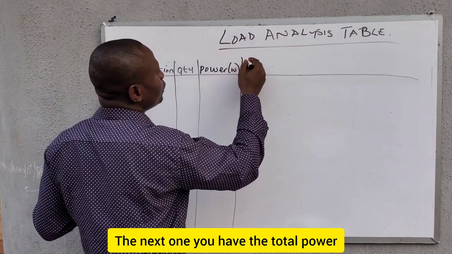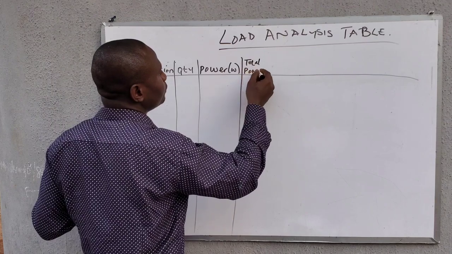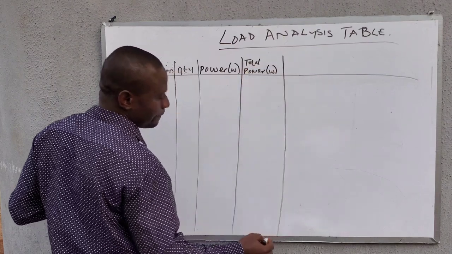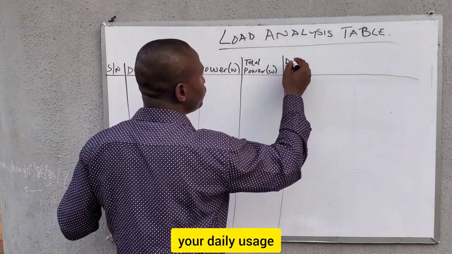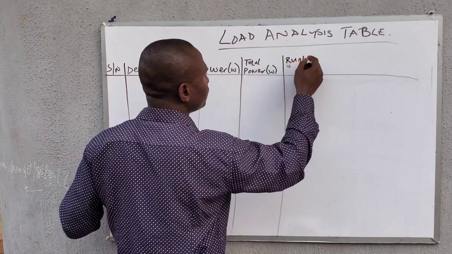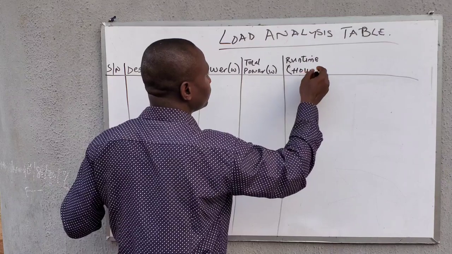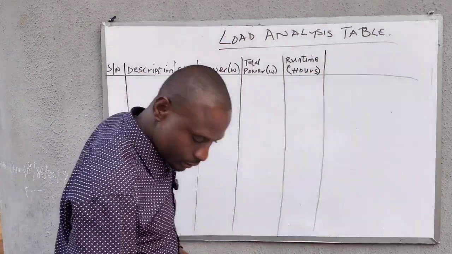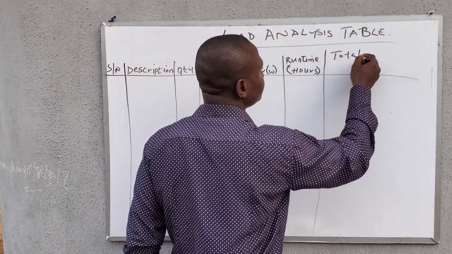The next one, you have the total power, also in watts. The next one, you have your daily usage or the runtime hours. This is in hours. Then you have the total daily energy consumption.